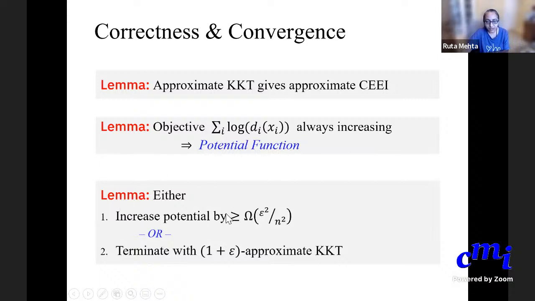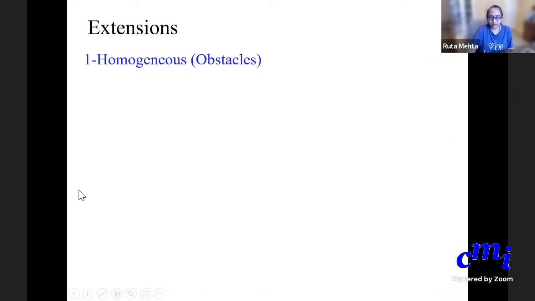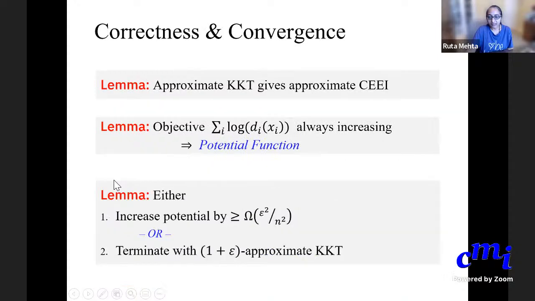We show that if you are not at an approximate KKT point, then the potential increases by at least epsilon squared over n squared. If not, then you must be at an approximate KKT point, and an approximate KKT point gives you approximate CEI. So these three lemmas together give us the final theorem. Let me not go into details of this particular lemma, since it's the most involved and technical one.